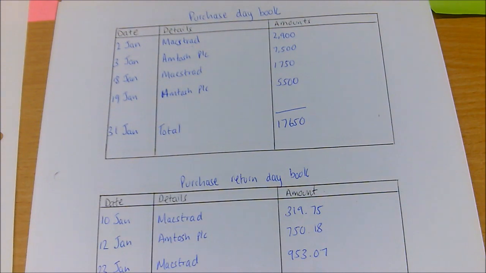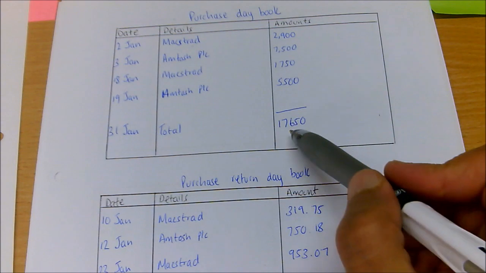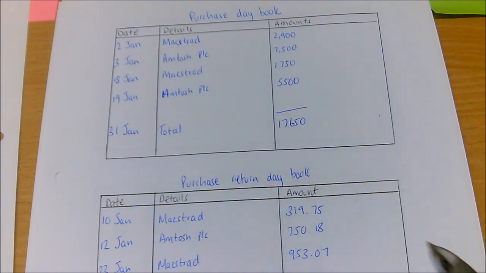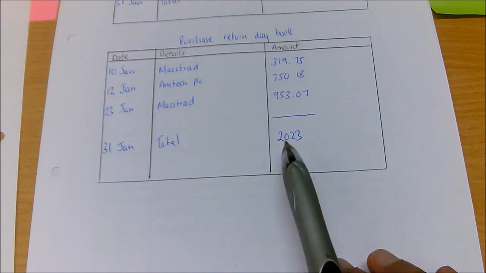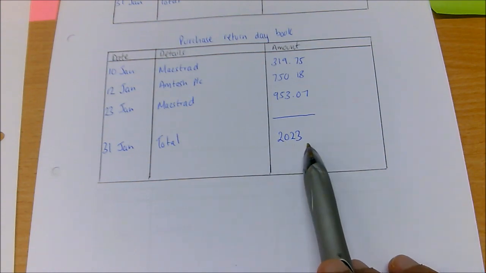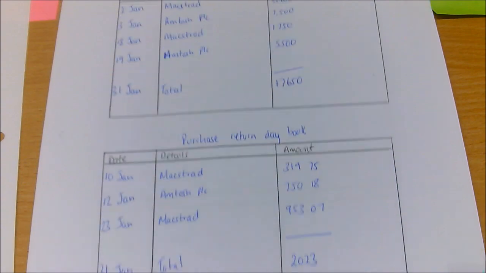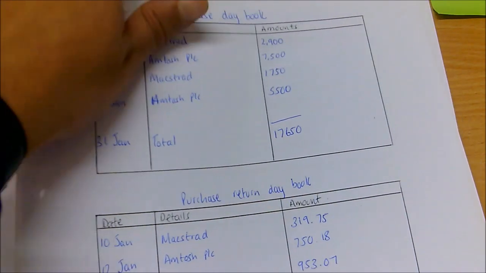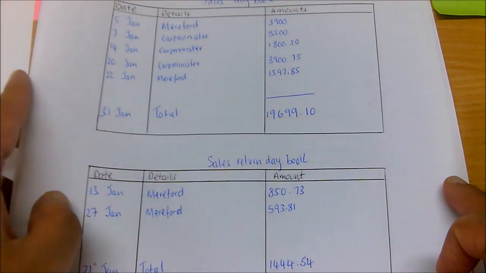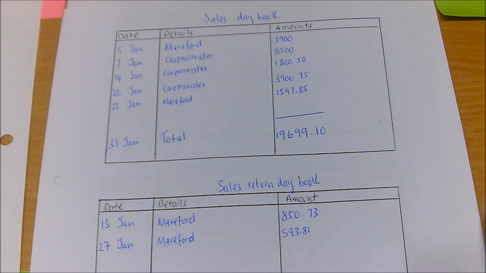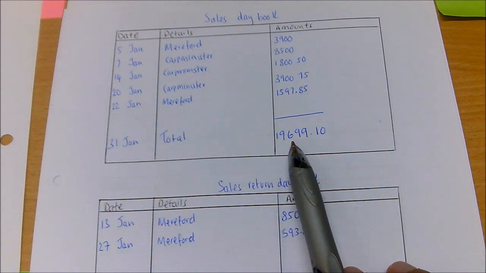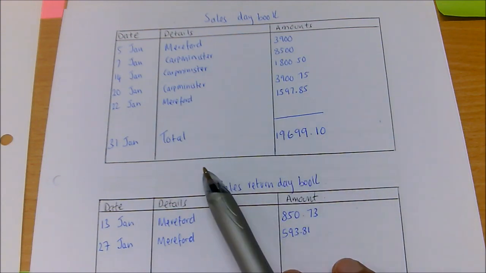Hopefully you managed to do that quite successfully. So the total of the purchase day book would be 17,650. The total of your purchase return day book would be 2,023. You should also have a sales day book and a sales return day book. The sales day book represents everything that you've sold to these customers, and that should be 19,699.10 in terms of your total.